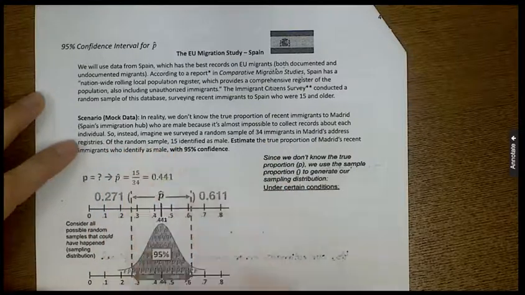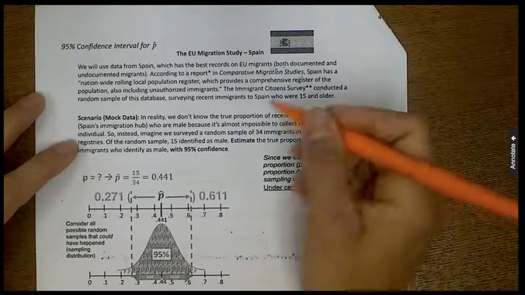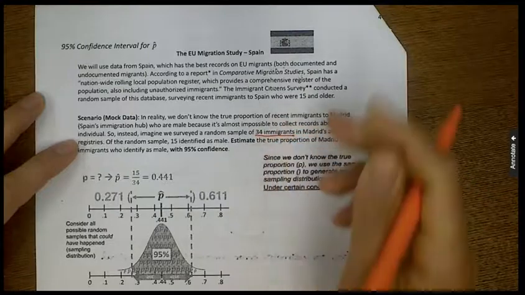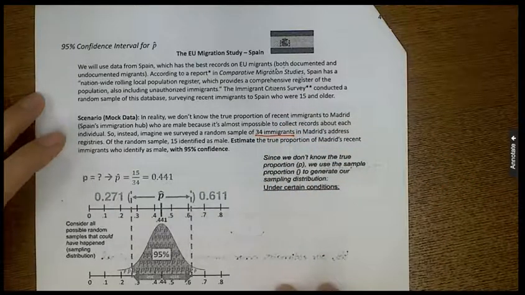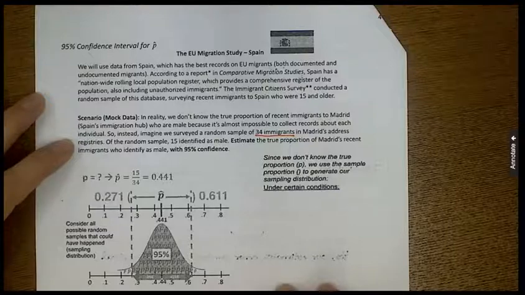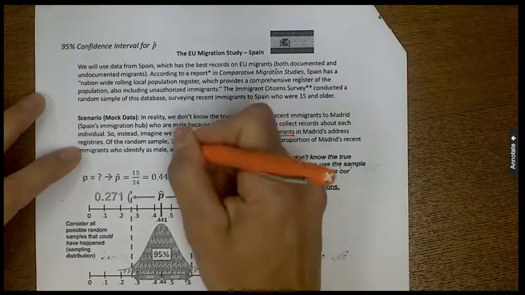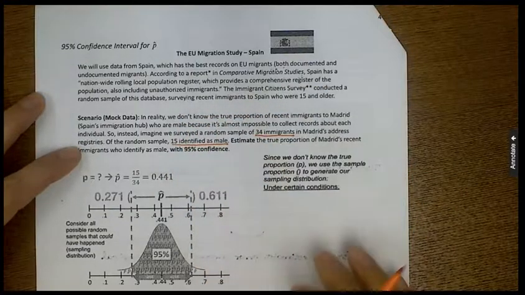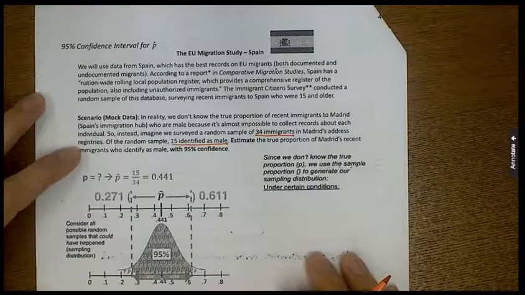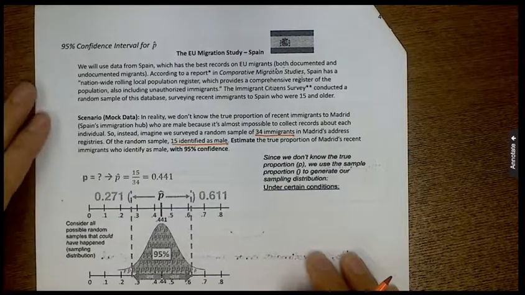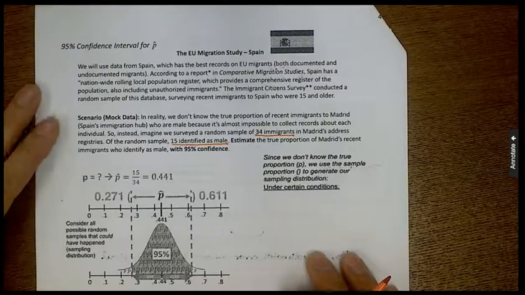So instead, imagine we surveyed a random sample of 34 immigrants in Madrid's address registries. Of the random sample, 15 identified as male. It says estimate the true proportion of Madrid's recent immigrants to identify as male with 95% confidence.